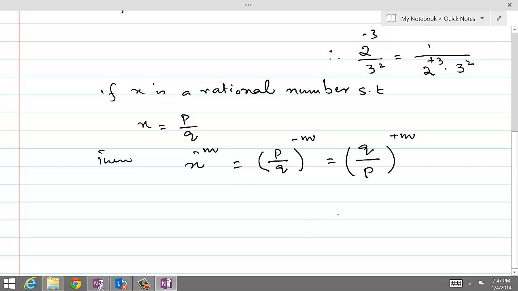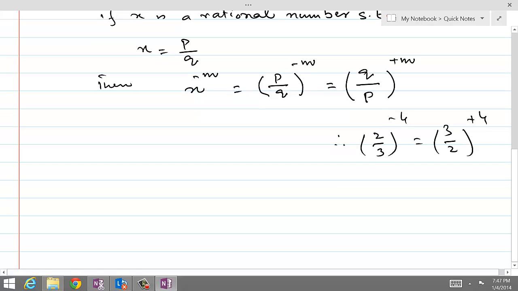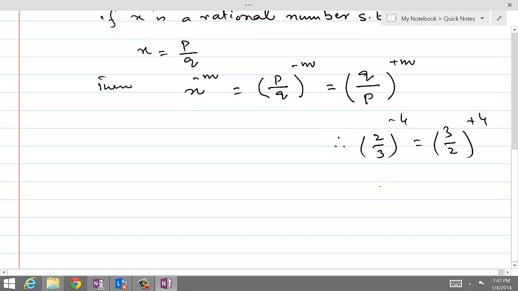So if somewhere you see 2 over 3 power minus 4, we can write 3 over 2 power plus 4, or if somewhere it's written 1 over 2 power minus 1 by 2, it's perfectly okay to write it as 2 power plus 1 by 2, or this is square root of 2.